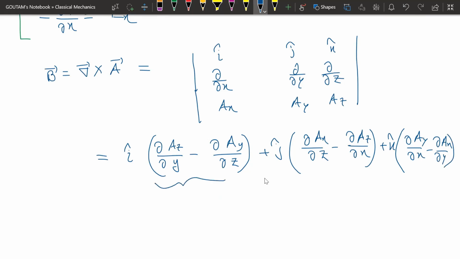So this we can call Bx, this we can call By, the y component of magnetic field, and this we can call Bz.